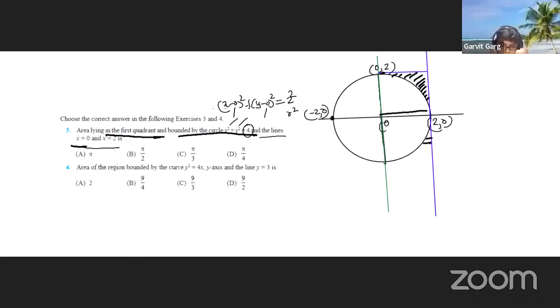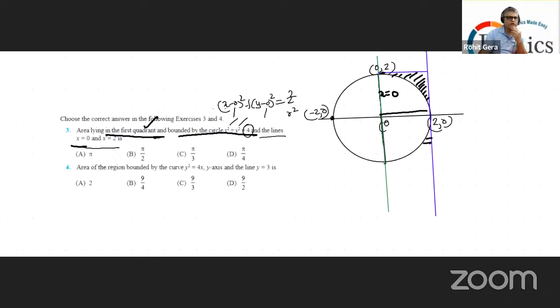Sorry, first quadrant, I'm sorry. It's written there. The first quadrant and bounded by the circle and the line. So x is equal to 0 is this line. It should be the area in the first quadrant, bounded by the circle and the lines x is equal to 0 and x is equal to 2.